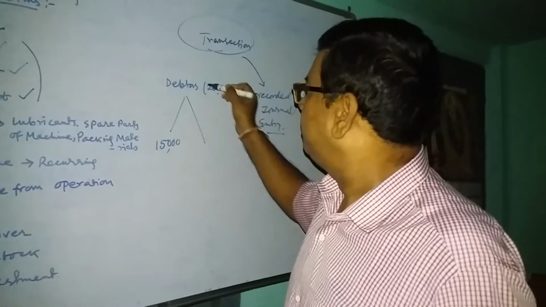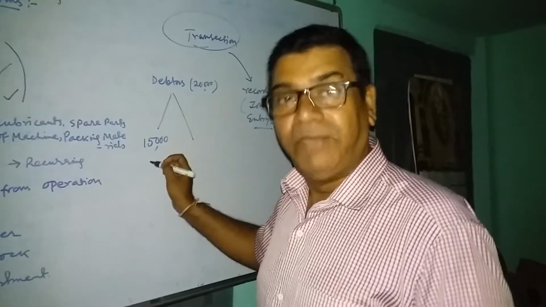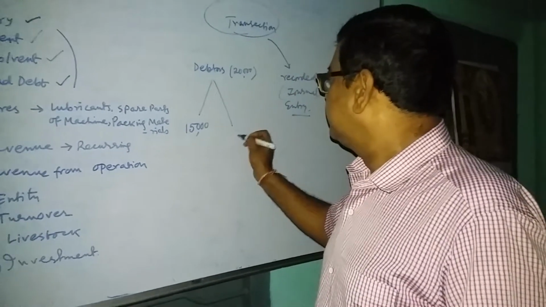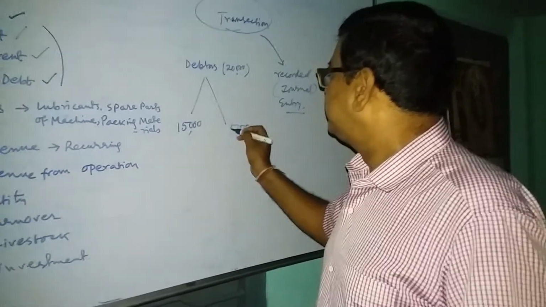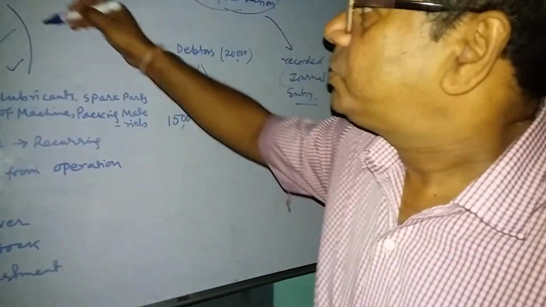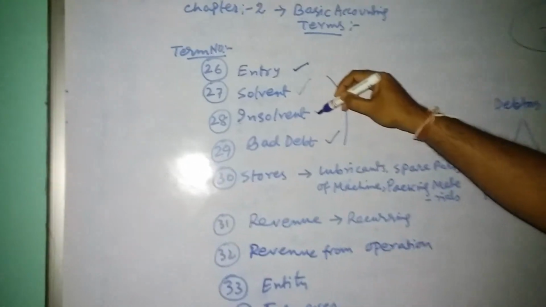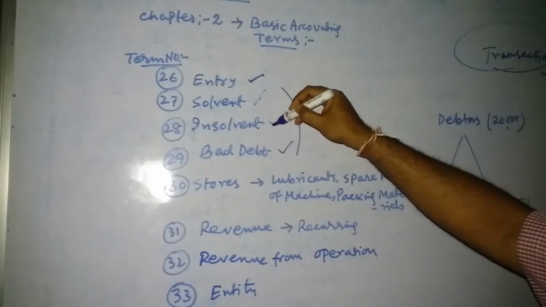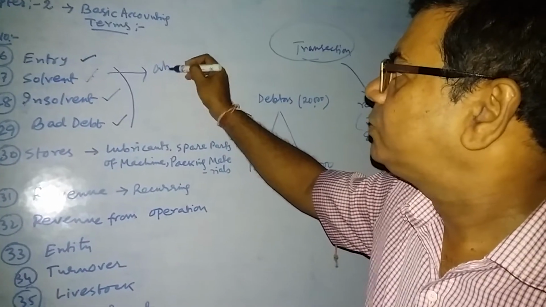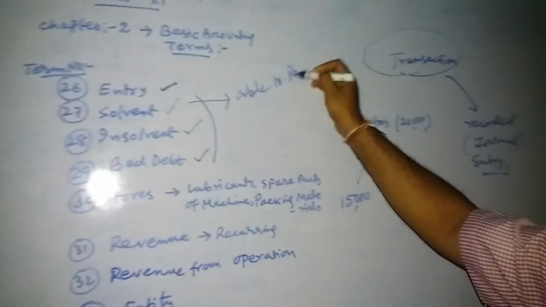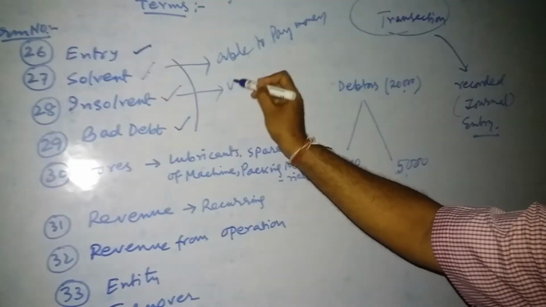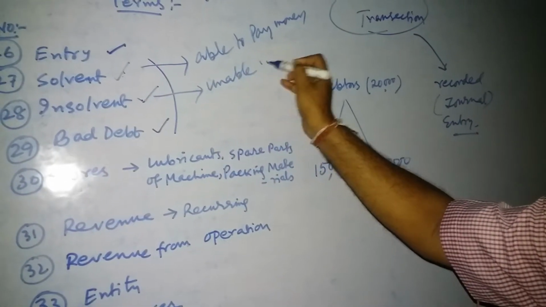So Mr. X was solvent for the payment of 15,000 but was insolvent for the payment of 5,000. So I think you have understood these two terms, solvent and insolvent. Solvent means able to pay money, and insolvent means unable to pay money.